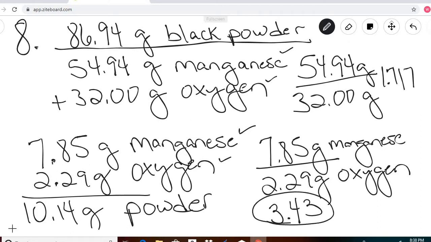So here there is over 3 times as much manganese for each oxygen. Here there's only 1.7 manganese for each oxygen. So since those ratios are not the same, the two powders that were made from those chemicals were not the same. Even though we used the same chemicals, they were not used in the same proportions, and therefore they don't produce the same compound.